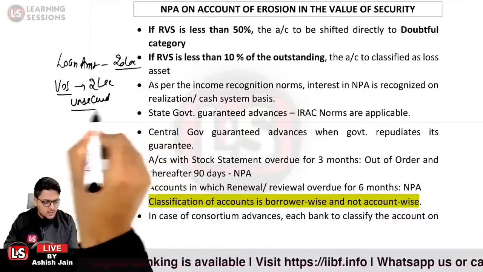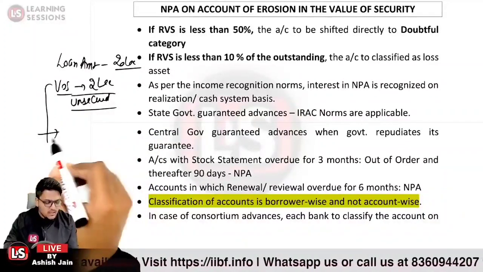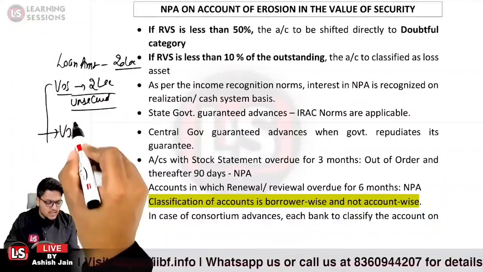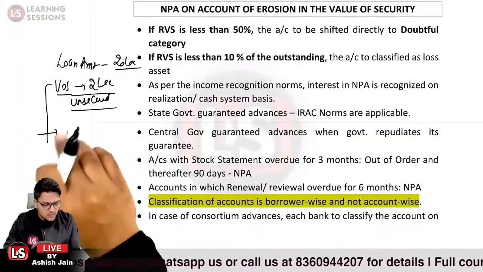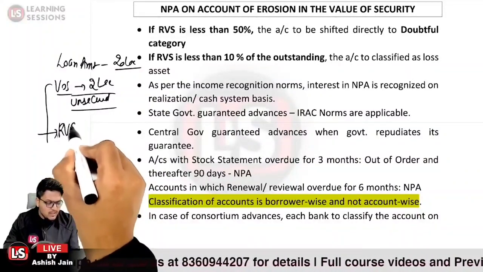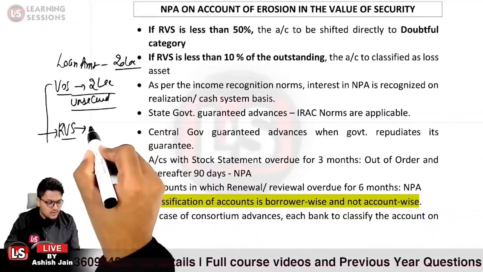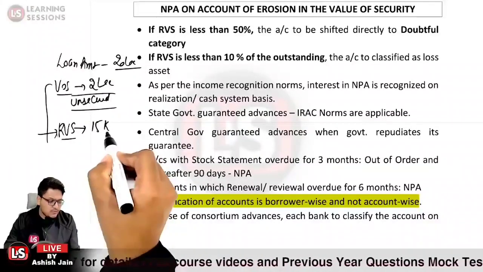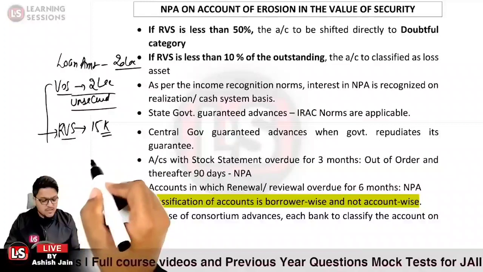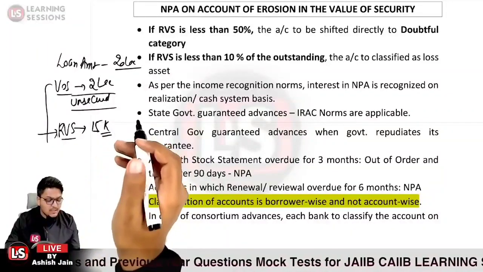Now let us take the case that the erosion of the security is there, and the new value of security, that is the realizable value of security, is now equal to 15,000. Now in this particular case, the value of the security eroded to less than 10%.